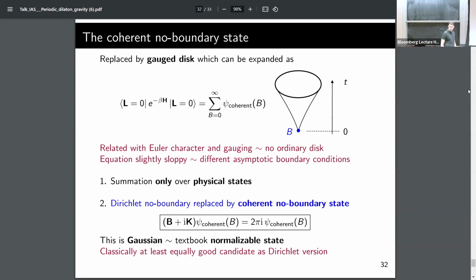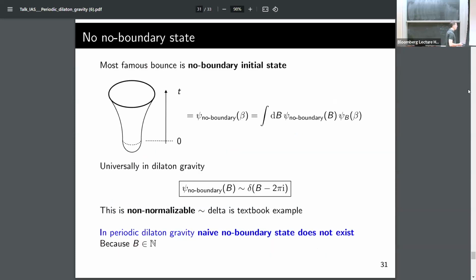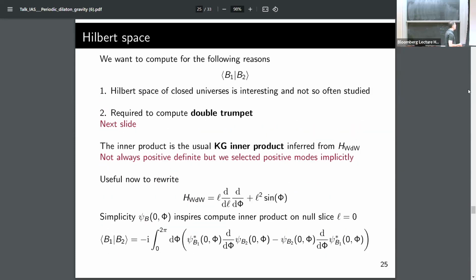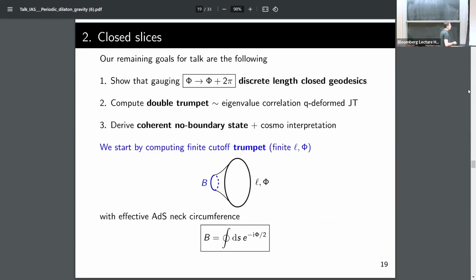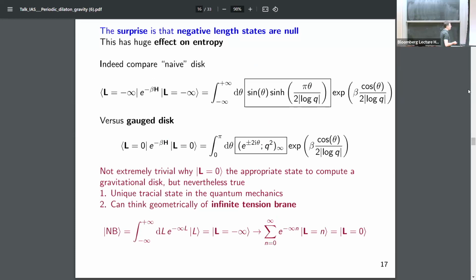Can you remind me why you take L equal to 0, not just other space? Yeah, that's somewhat subtle, so I didn't go over that. A gravity motivation is the following. We want to compute a disk, so that means we want to start from a state that is essentially like nothing.